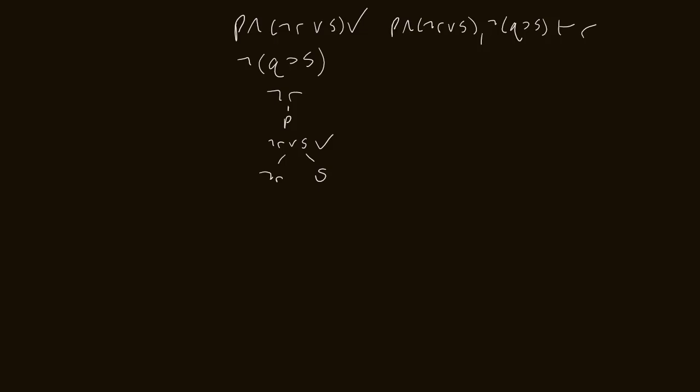The only thing left that we can expand upon is the not Q then S. So what is not Q then S? Remember, that can become not Q or S, and then when we negate that, it becomes Q and not S. So we have Q, not S, and what we have to do is put this on both of our open branches.